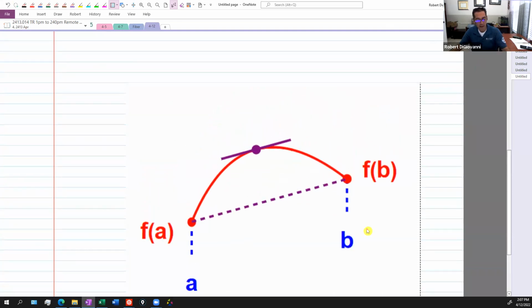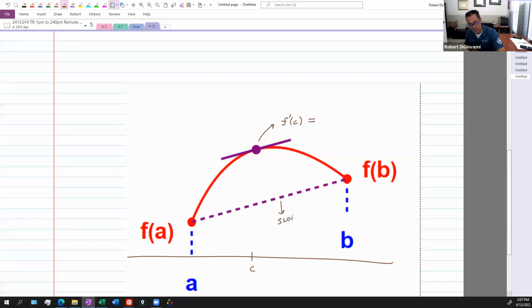So the mean value theorem says there's got to be some value c in here such that the derivative at that value c, the slope of that purple solid line, must be equal to the slope of this.